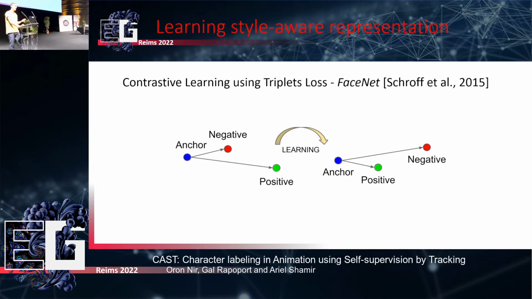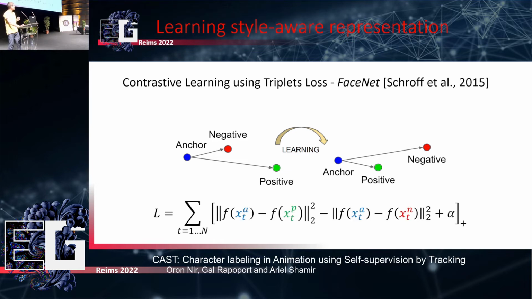Okay, so we have an anchor, a negative and a positive example, where the anchor and positive example share identity, for instance, and the negative has a different identity, where we want to have a latent semantic embedding which encodes some information with respect to the identity in the latent semantic space. It does so by penalizing cases where the anchor is closer to the negative example than the positive with some margin alpha.